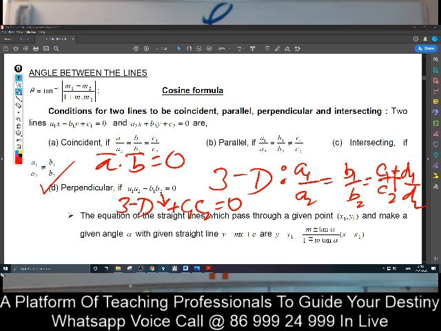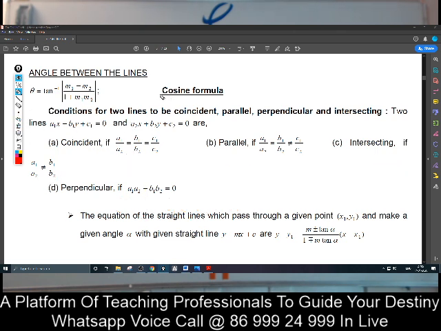If you see like that, all the concepts will be very comfortable to you. And this is about the angle between the two lines, tan theta (m1 minus m2) by (1 plus m1 m2), and the cos theta formula. You must remember, because this formula will not be continued to 3D and vectors.